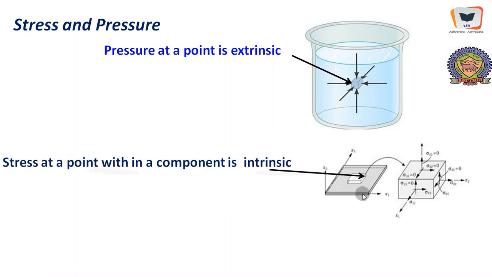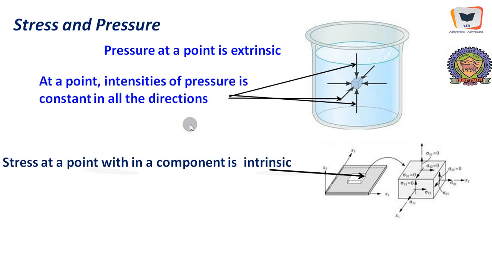As far as stress is concerned, if we take a stressed body and a point within it, stress at a point within a component is intrinsic. It acts inside the material, inside that particular point, inside the component. And if you consider any point within the fluid, the pressure is extrinsic, though the units are the same.